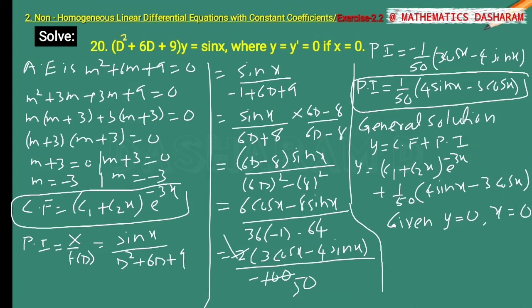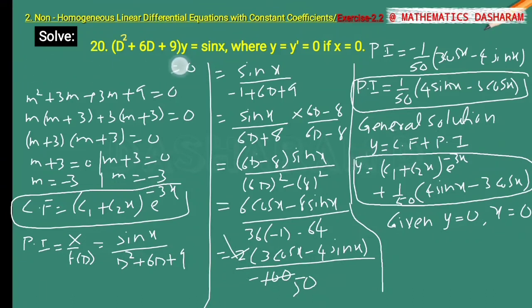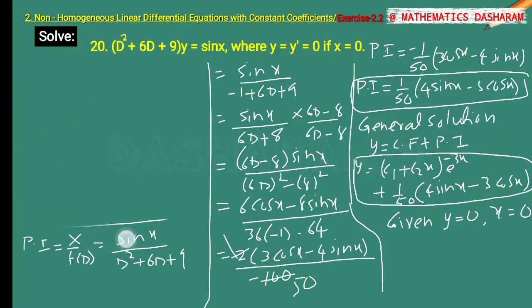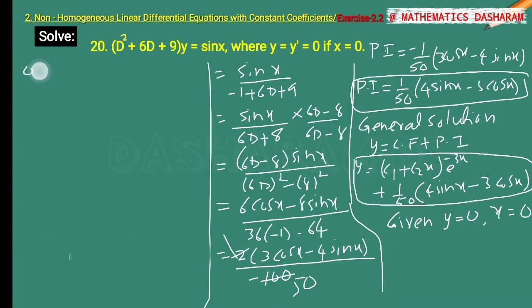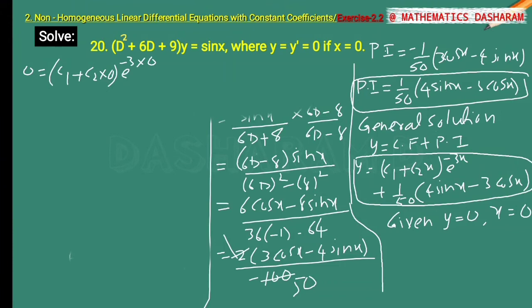Okay, let's draw one table for this. 0 equals c1 plus c2 into 0, e to the power of minus 3 into 0, plus 1 by 50 into 4 into sin 0 minus 3 into cos 0.